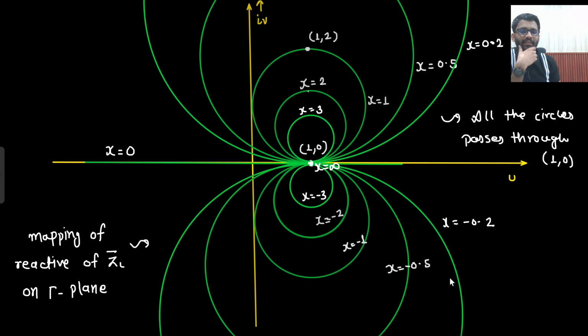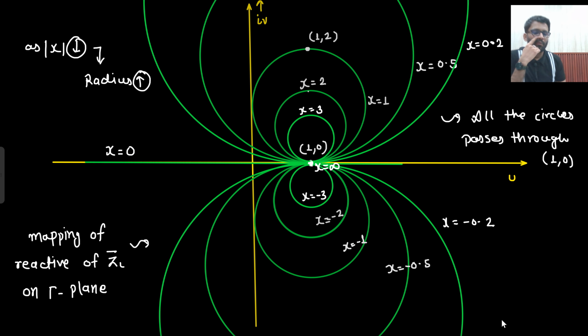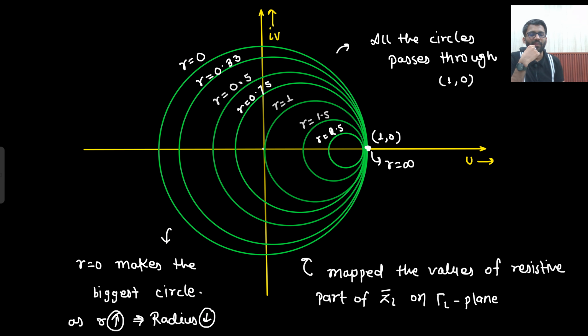What else can we say? As mode of x increases, the radius decreases, or as mode of x decreases, the radius increases. Now, what is the common thing you see in both of them? Here also, all the circles originated from 1, 0 only.